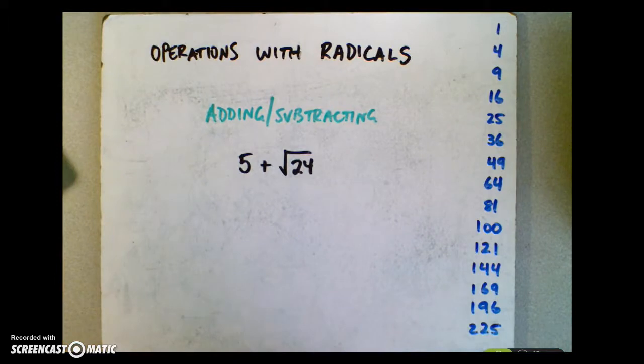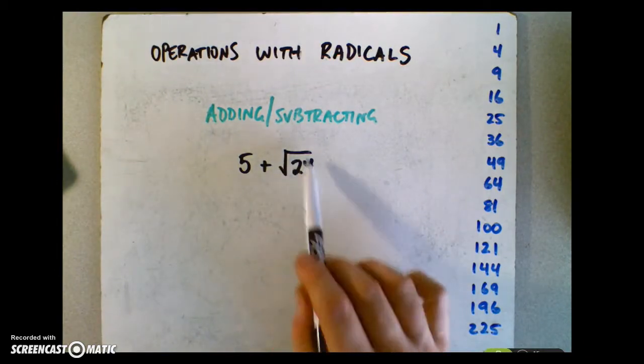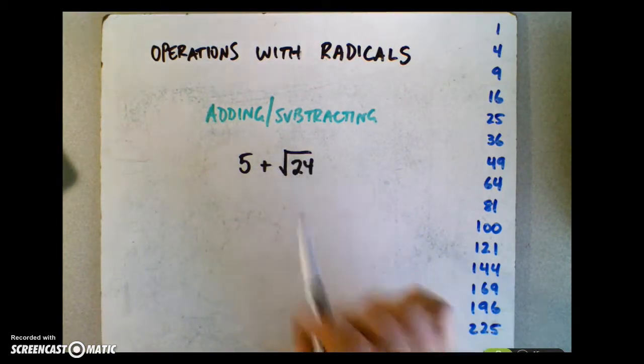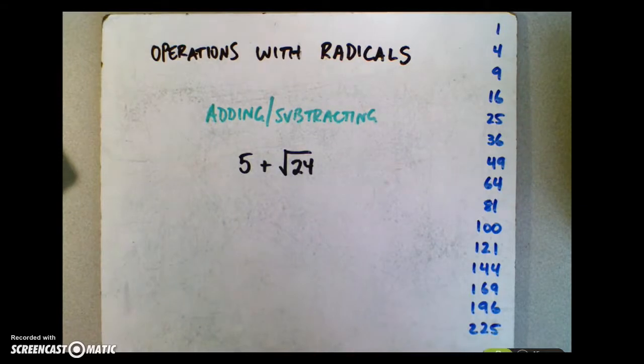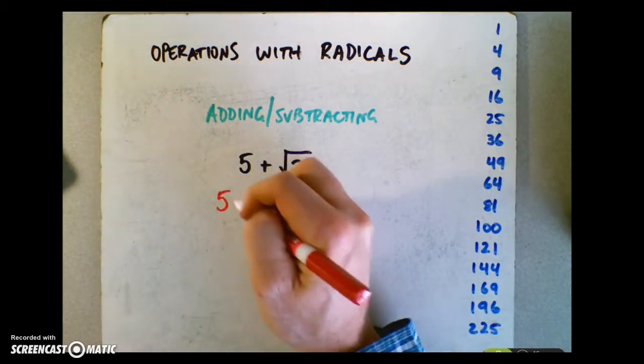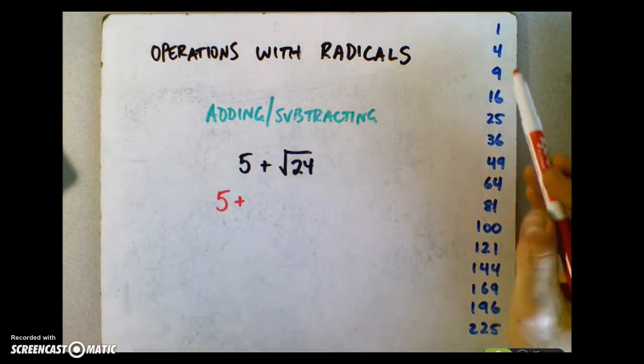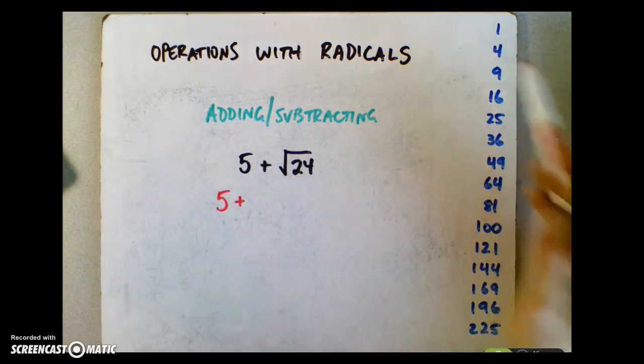So instead, we're just going to simplify it as best we can. You're going to apply your rules of simplification to this radical 24. I'm going to streamline that process a little bit from the last lesson because you should be getting better at that by now. So the 5 plus is just going to stay out front. Radical 24: the biggest perfect square that goes into 24 is 4.